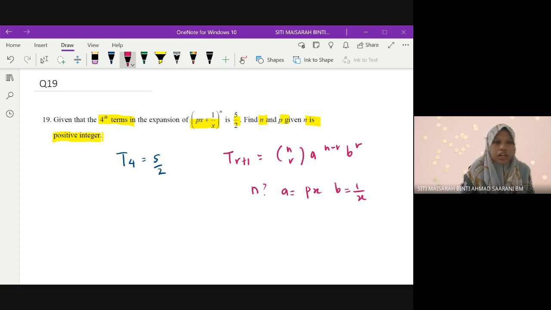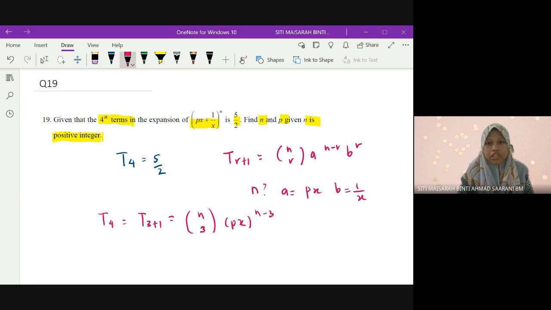T4 means T R plus 1 is T3 plus 1, so R is 3. So this becomes nC3 (px) power n minus 3 times (1 over x) power 3, and this should equal 5 over 2.